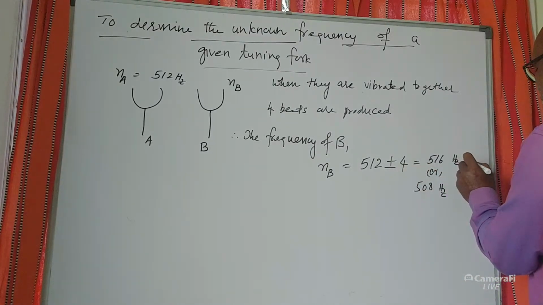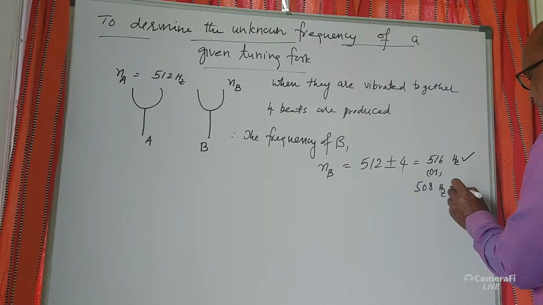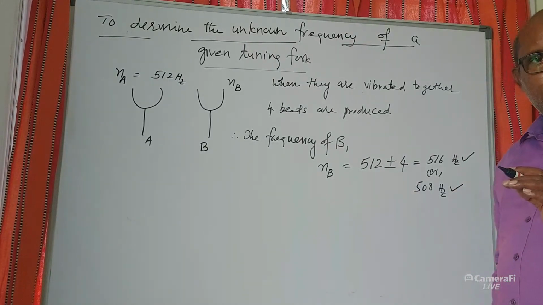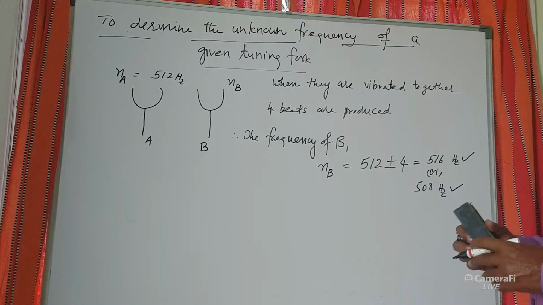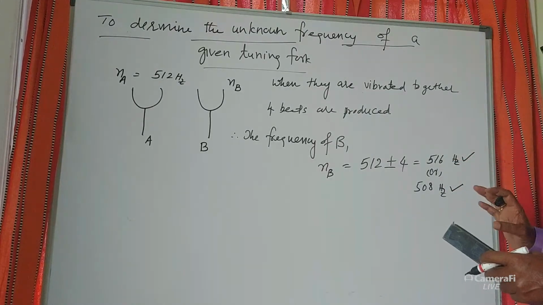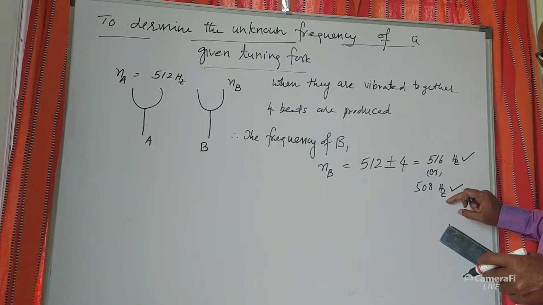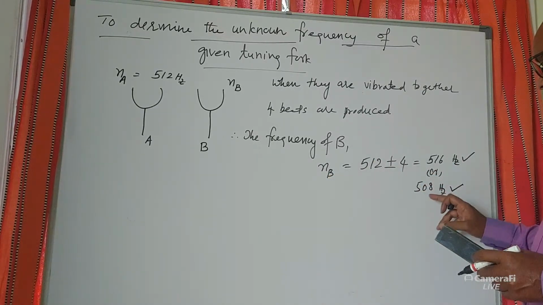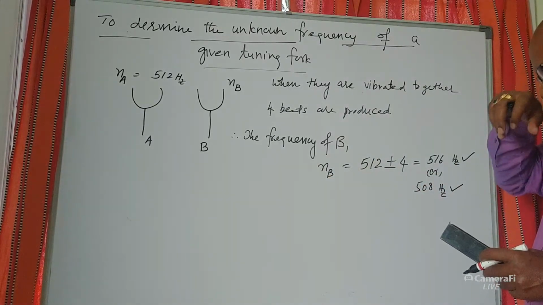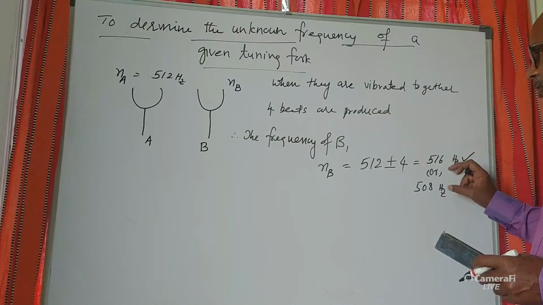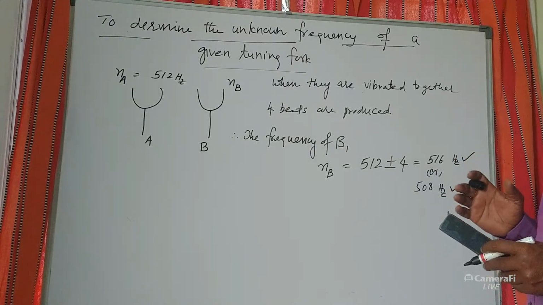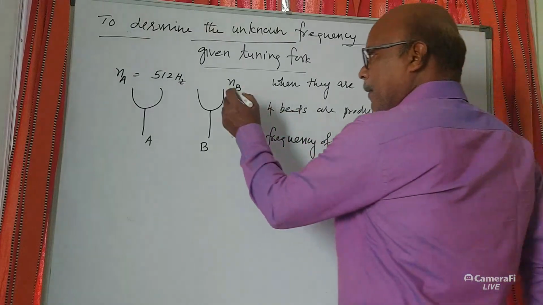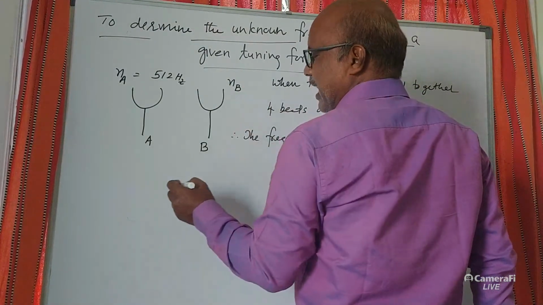The frequency of B may be 516 hertz or 508 hertz. So we have to determine which of these two is correct, because we have two chances. Here the answer may be either 516 or 508. So in order to confirm them, again what I will do is I will take the unknown tuning fork and I will load this with wax.